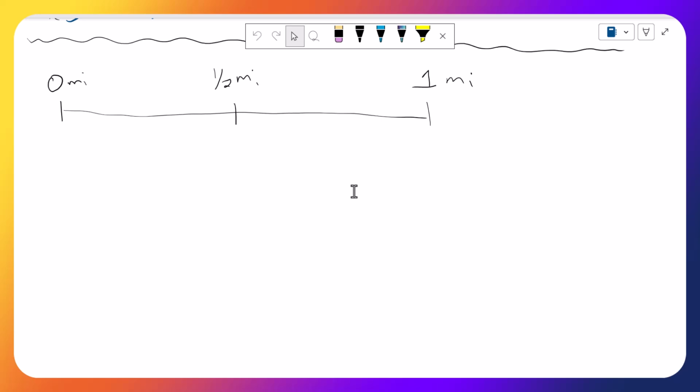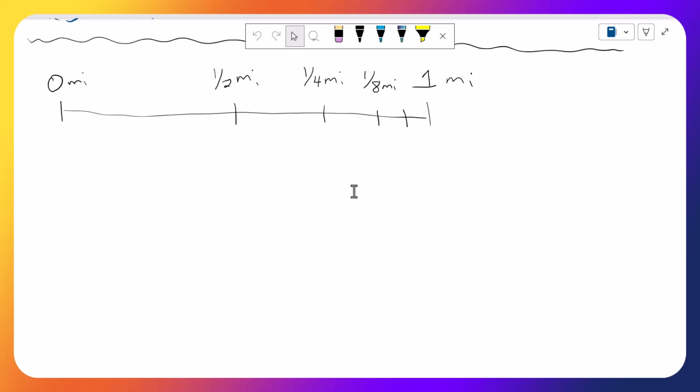And then they run half of that. They run a quarter mile. And then they run an eighth of a mile. And they keep going by halves, halves and halves.